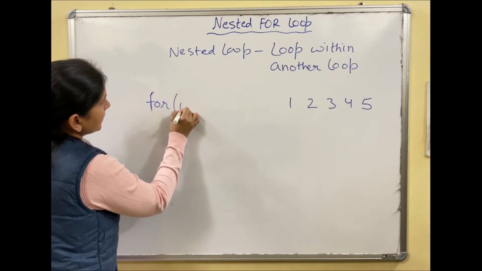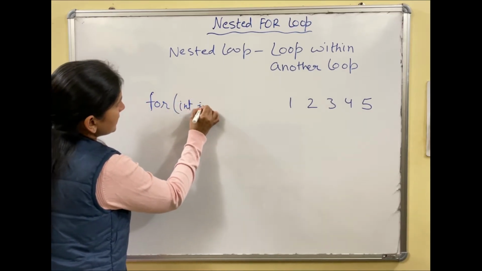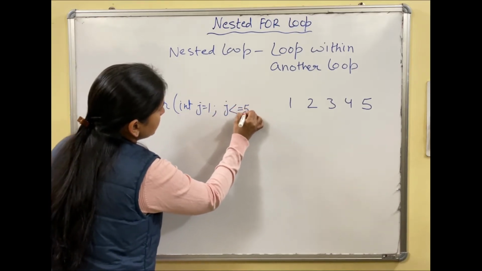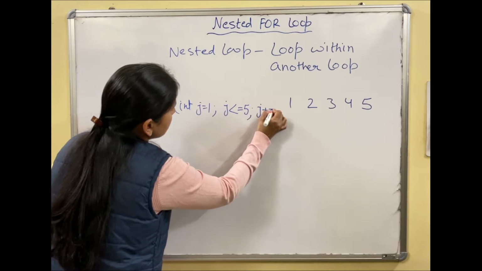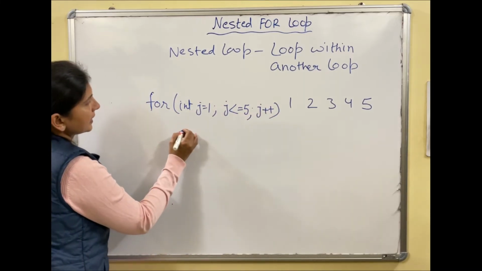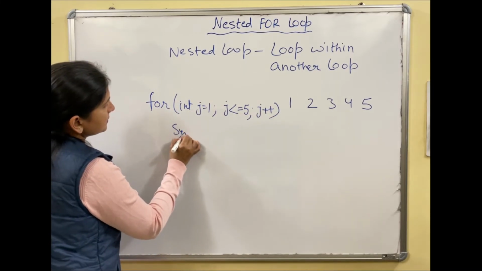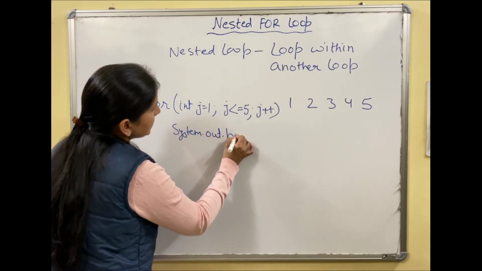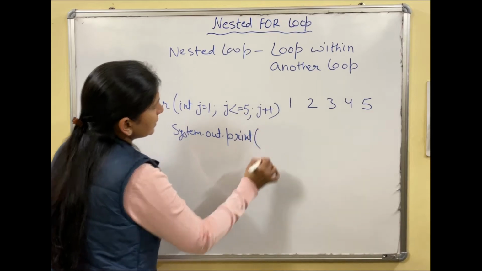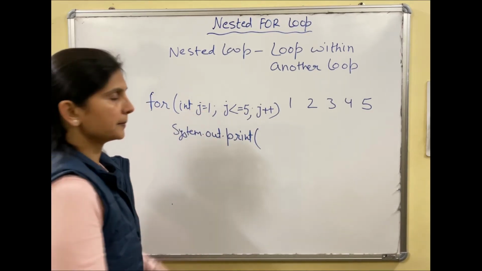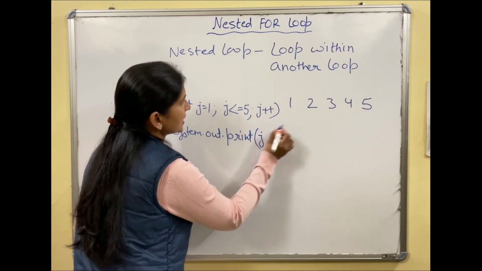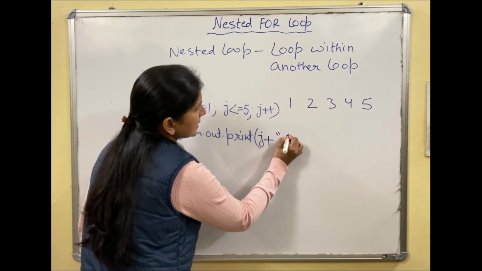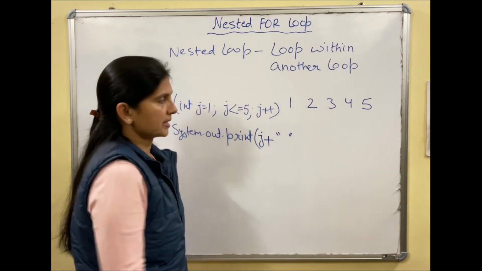For int j equals 1, j less than or equal to 5, j plus plus, and then System.out.print. What do I have to print? j only. So I will print j, and for space I will add plus, and this is for one space, right?